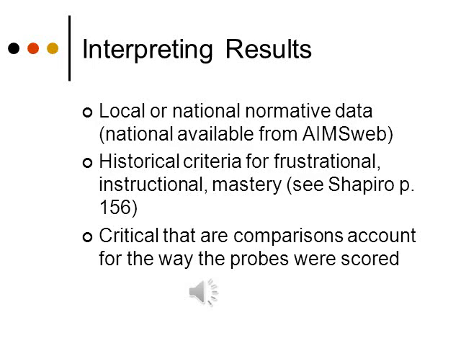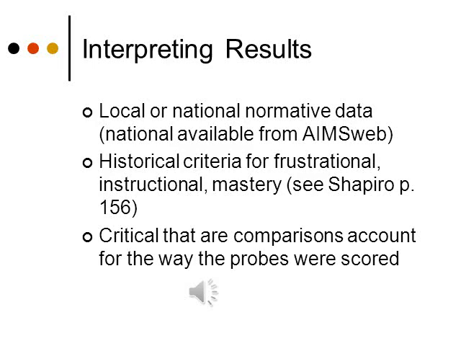When interpreting the results of Math CBM, we can compare the student's performance to local or national normative data, and there are national norms available from AIMSweb. You could also look at historical criteria for what may be frustrational, instructional, or mastery levels, and those guidelines are provided in your Shapiro text.